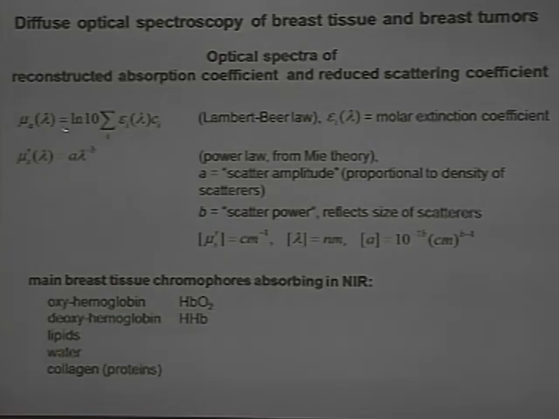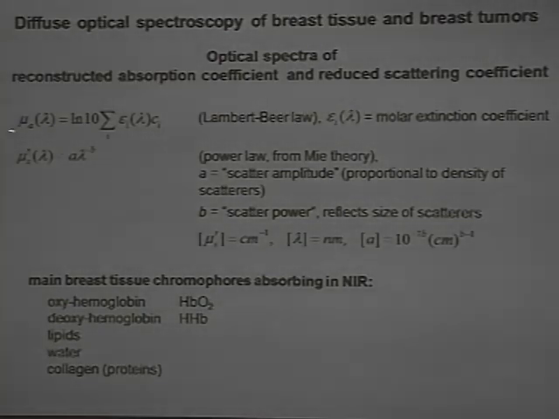The absorption coefficient is then given by the molar concentration in tissue of these chromophores times the molar extinction coefficient, actually the spectrum of the molar coefficient. And this is well known. So when measuring the absorption coefficient over a wide spectral range, you can deduce the concentration of these chromophores in tissue, and you get information about physiology or pathophysiology.